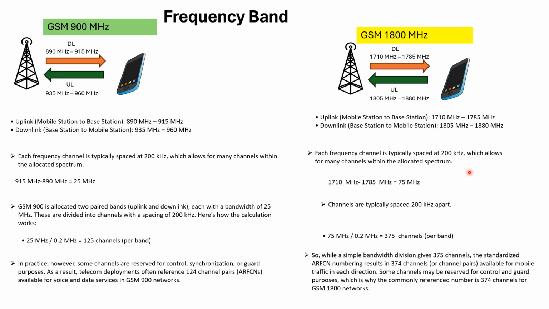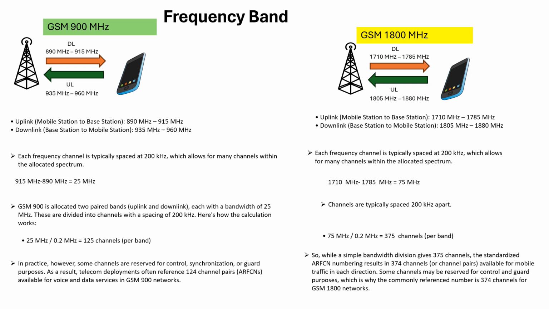Channel calculation, the calculation for the number of channels based on the uplink bandwidth is 75 MHz divided by 0.2 MHz equals 375 channels. This means that theoretically, 375 channels could be available in each band, uplink and downlink. Standardized ARFCN.